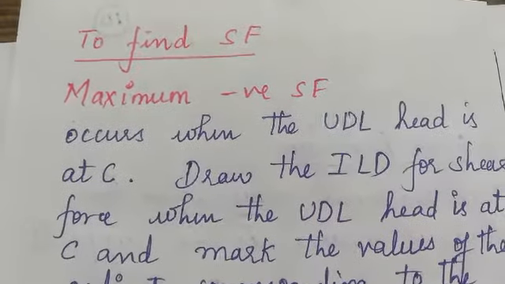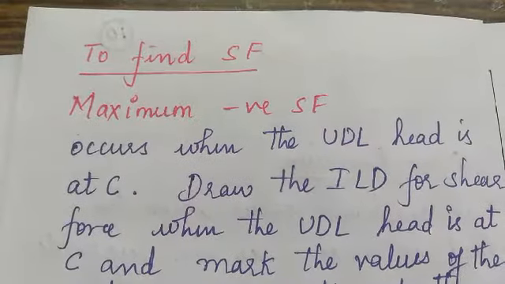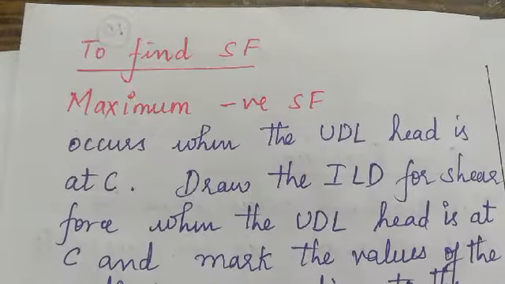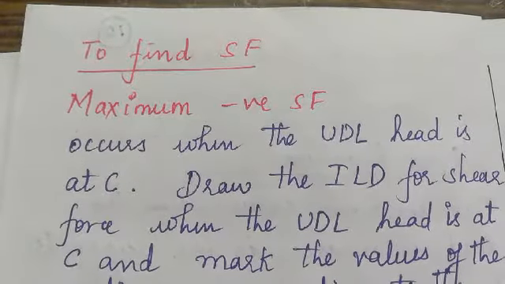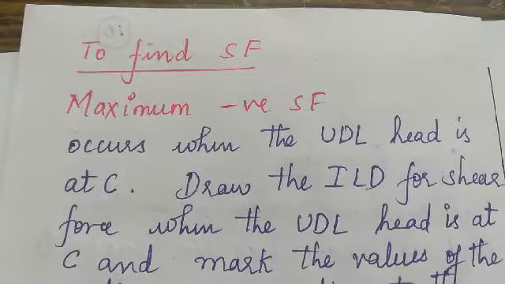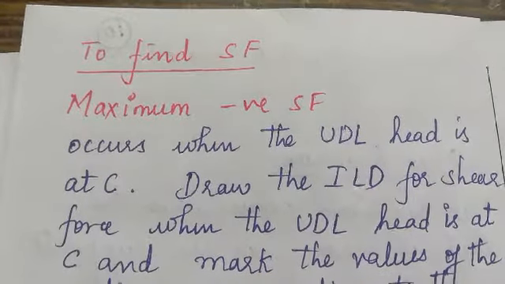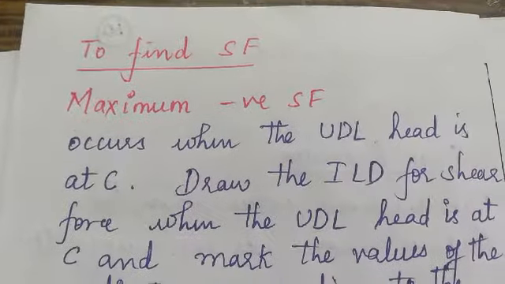Now maximum absolute shear force is when the head of the load is at B point, that is your RB. When it is at RB, you will be getting maximum positive shear force, and when the tail of the load is at A, you will be getting maximum negative shear force, that is nothing but your RAs and RBs.